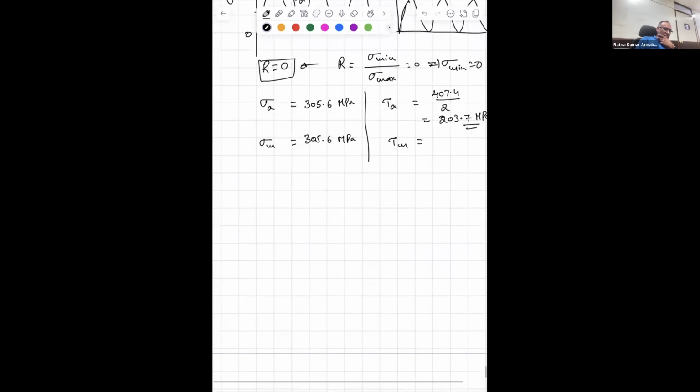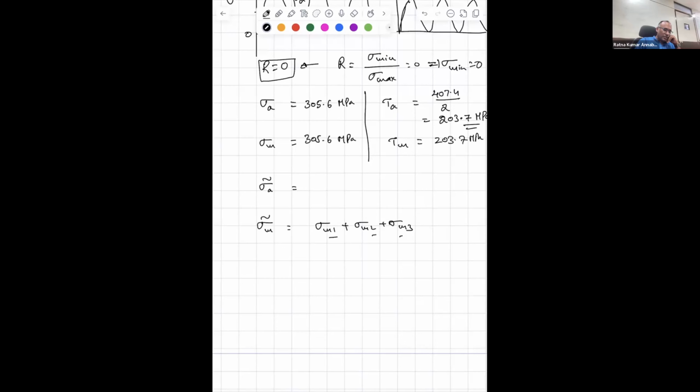Now you need to calculate sigma A tilde and sigma M tilde, right? What did we write for sigma M tilde? We said sigma M1 plus sigma M2 plus sigma M3. This is the trace of your stress tensor, isn't it? Tau M is also 203.7.